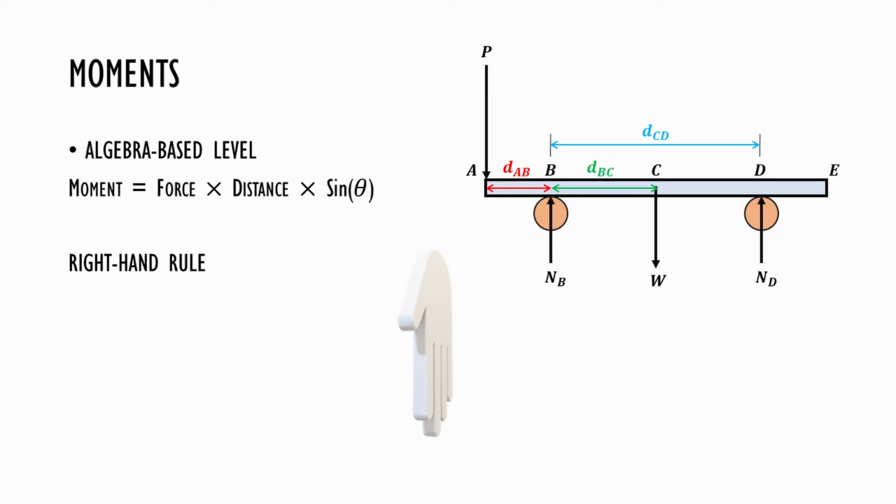Now raise your thumb up. If the direction of the thumb is towards you, the moment is positive. Otherwise, it is negative. You can also imagine your hand as an arrow rotating about B. It is positive if it's in a counterclockwise direction, and negative if it's in a clockwise direction.